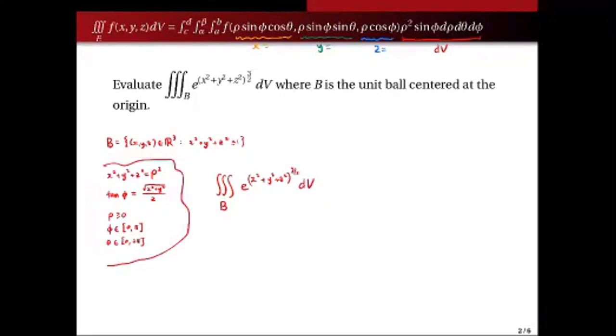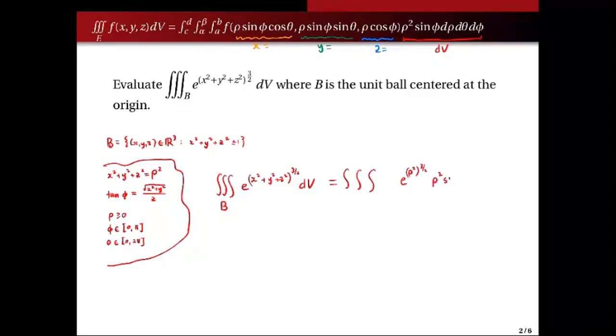We will have the triple integral of e raised to (rho squared) raised to 3 halves, so that becomes rho cubed. And then the dv converts to rho squared sine phi d rho d theta d phi.